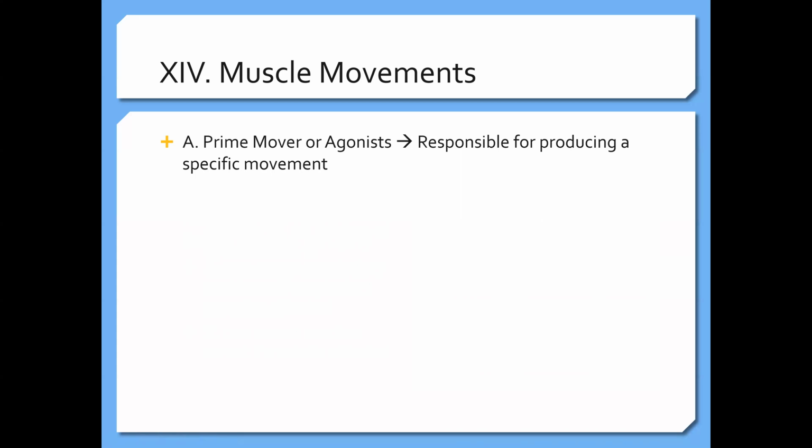Well, if we flex the elbow, we need a muscle that will extend the elbow, because now we've got it flexed, and we got to move the elbow back. So we have the triceps. A prime mover is an agonist.